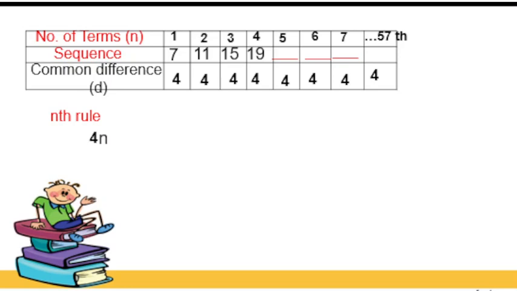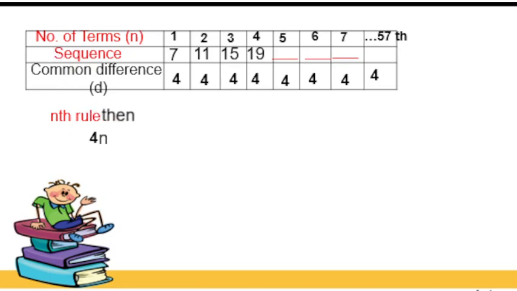Okay, if you will notice, if you substitute the value of n as 1, 4 times 1 is 4. So we didn't satisfy 7. So what shall we do to be able to get 7? Are we going to add or subtract?